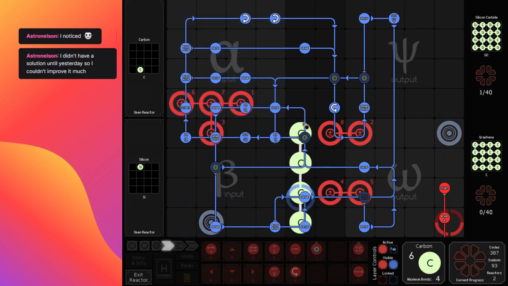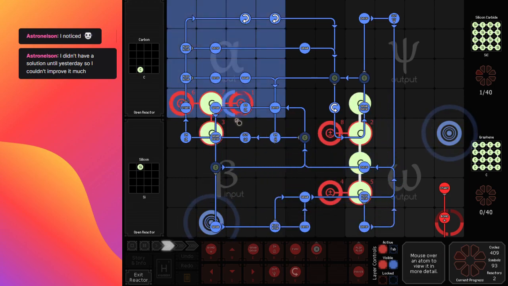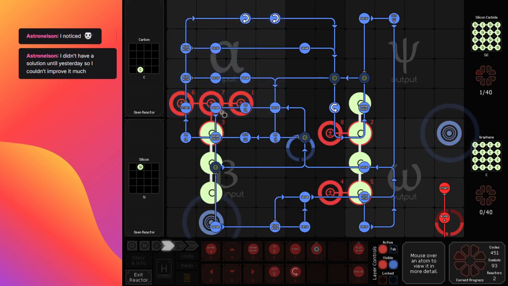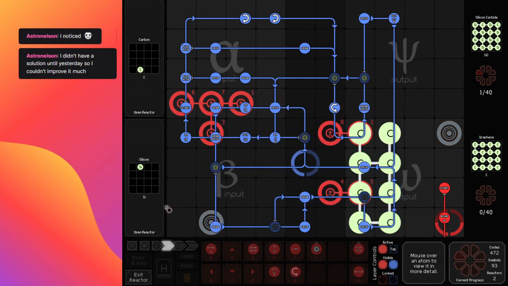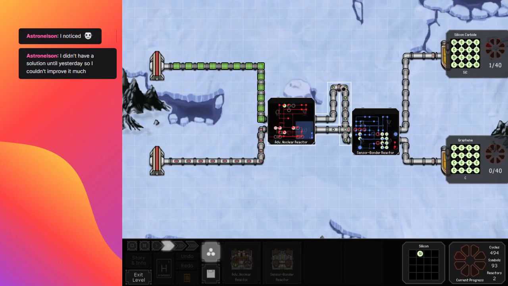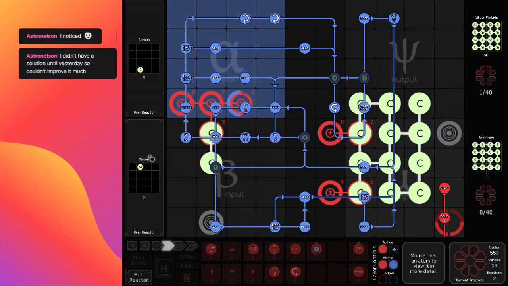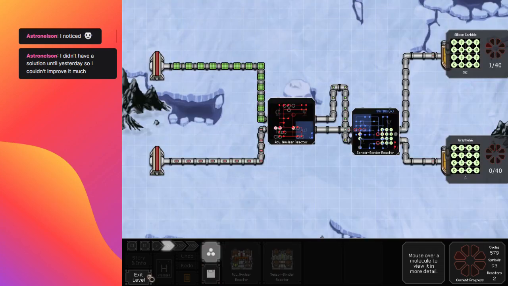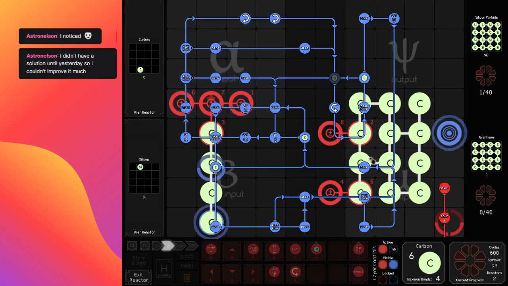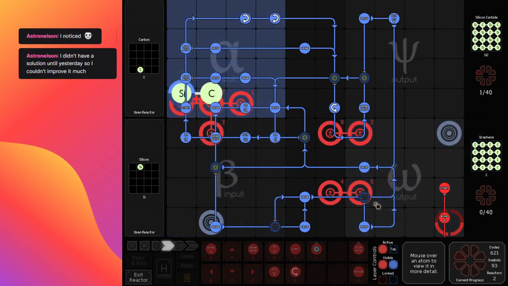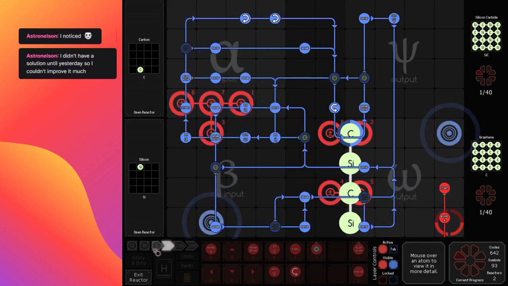So there's actually two separate loops going on here. And this silicon here is done so that this reactor doesn't stall, because that one does couple the carbon and silicon streams together. Yep, and there we go, and it keeps going.